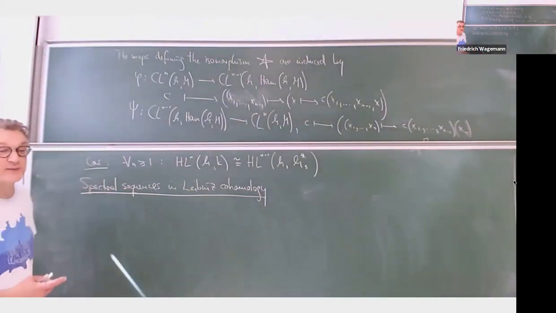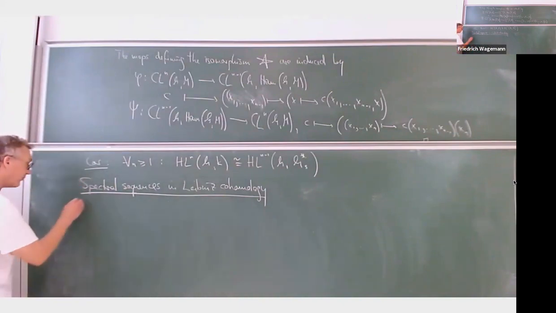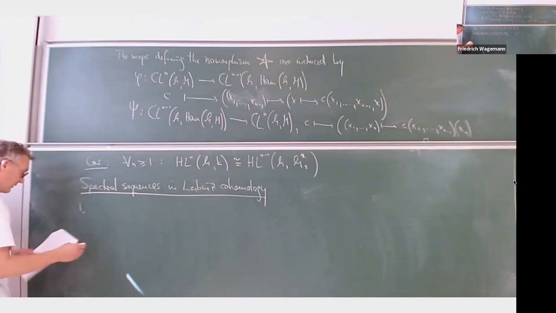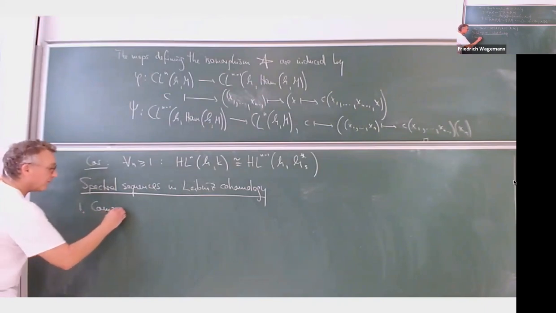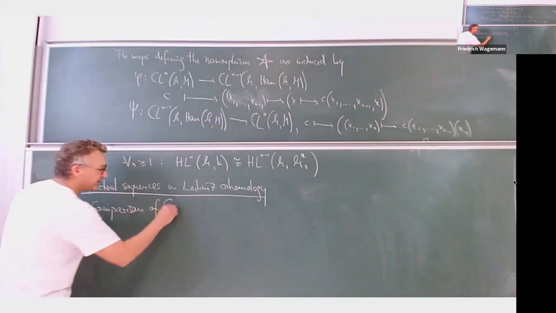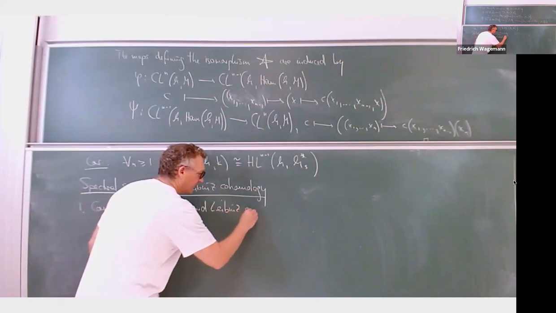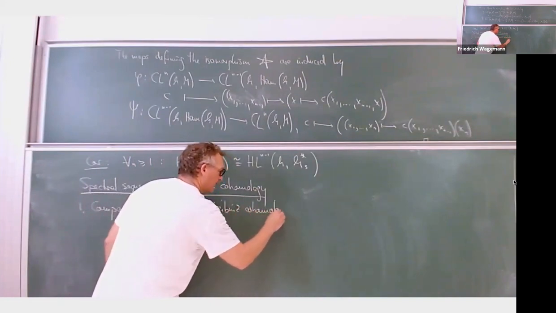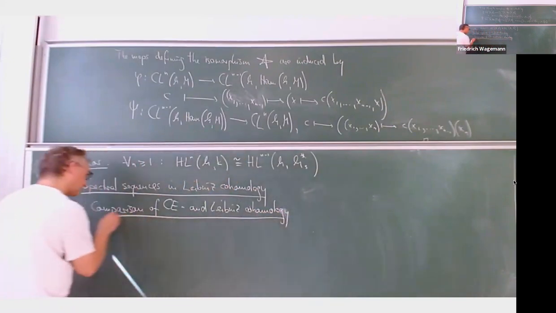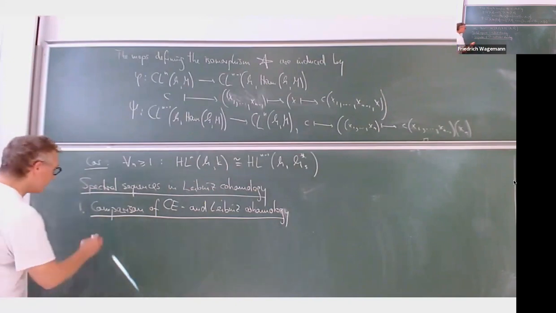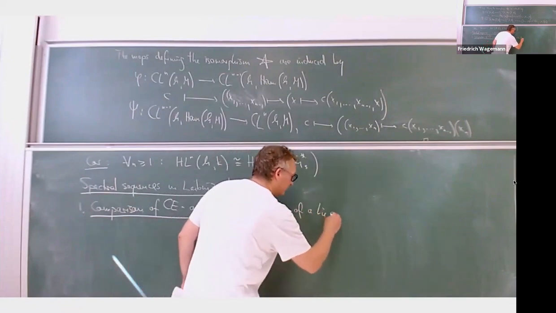So there are two types of spectral sequences which I want to talk about in Leibniz cohomology. The first type is the spectral sequences related to the comparison of Chevalley-Eilenberg and Leibniz cohomology, here the Leibniz cohomology of a Lie algebra.